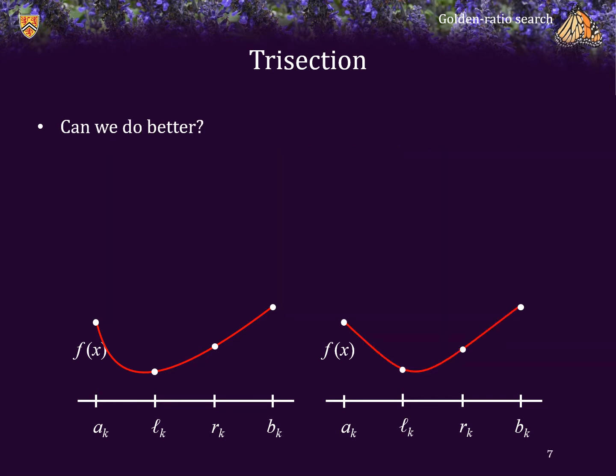Now, can we do better? Well, not really. Consider both of these images. In both of these images, the function evaluated at the left interior point is less than the function evaluated at the right interior point.